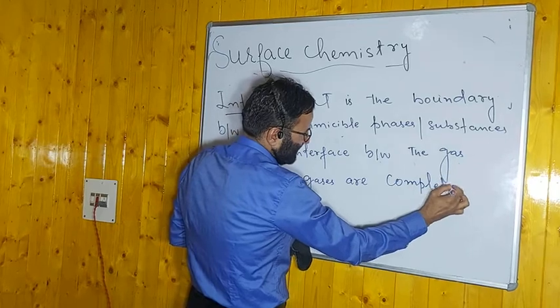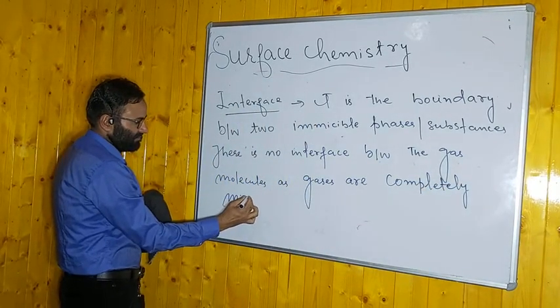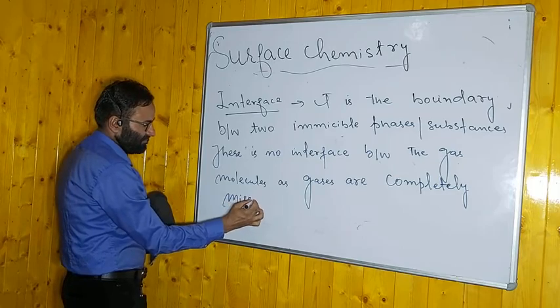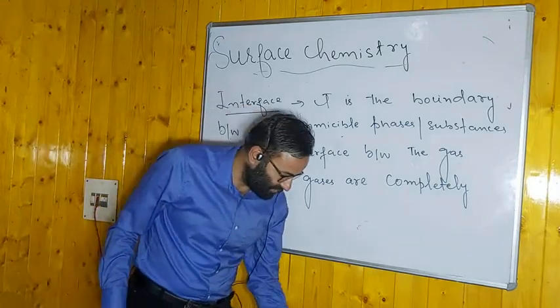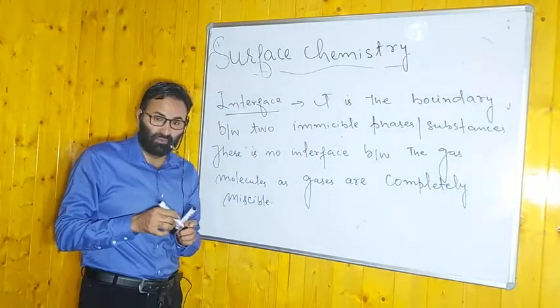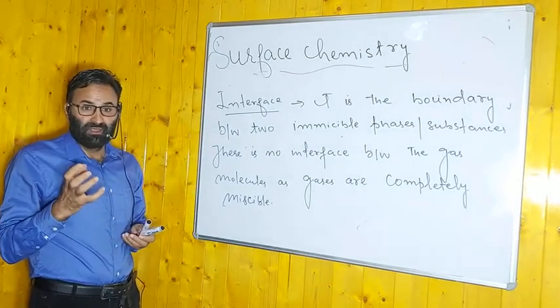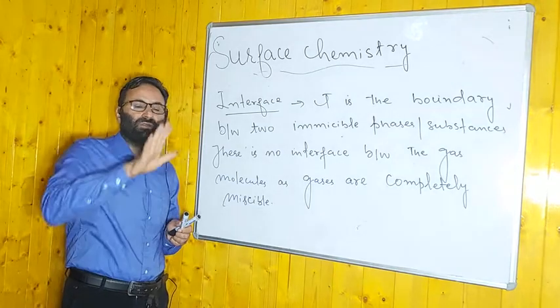Gases are completely miscible. You have to mention this. It means that if you have two immiscible phases, there will be a boundary. That boundary is known as interface. Some phenomena occur also at the interface.